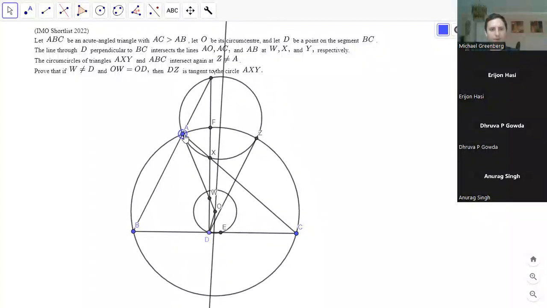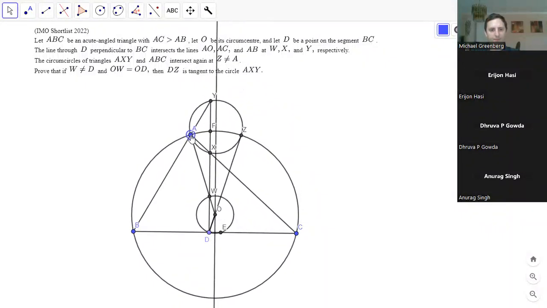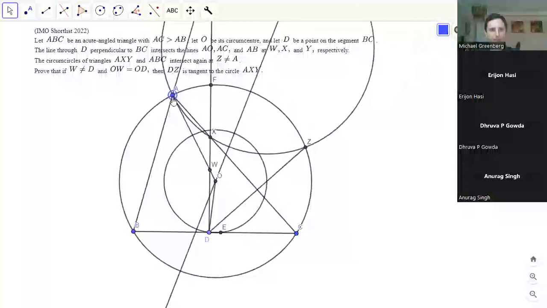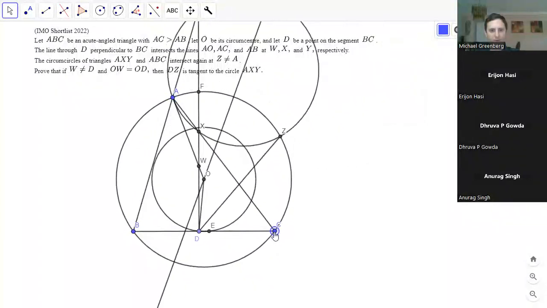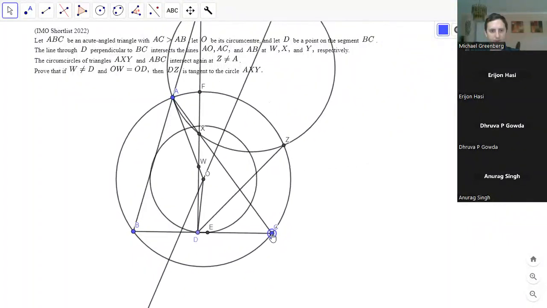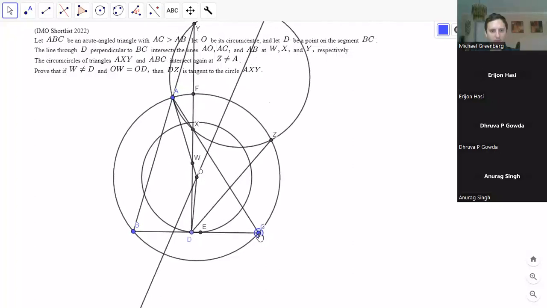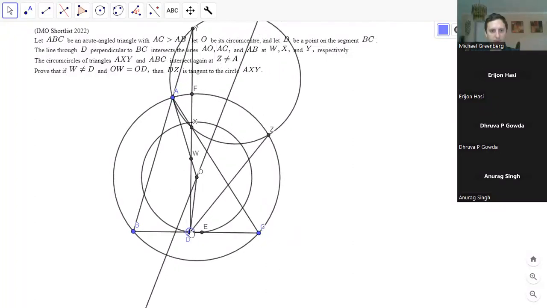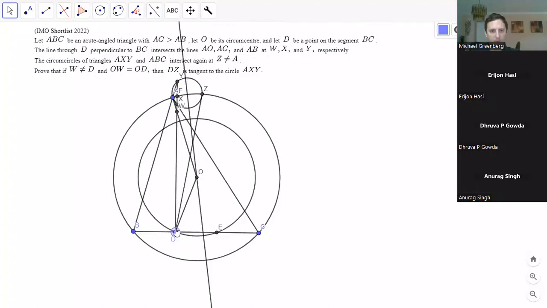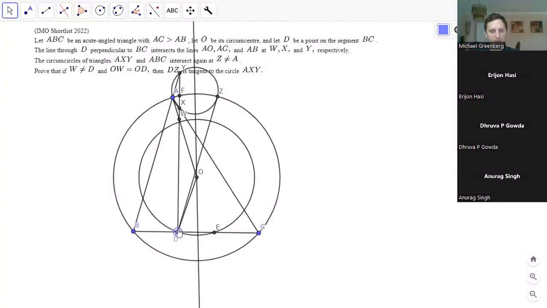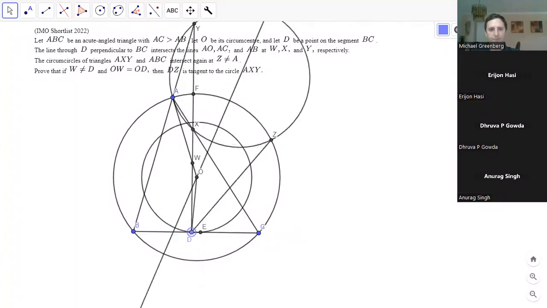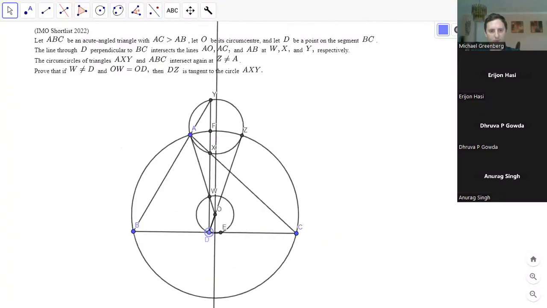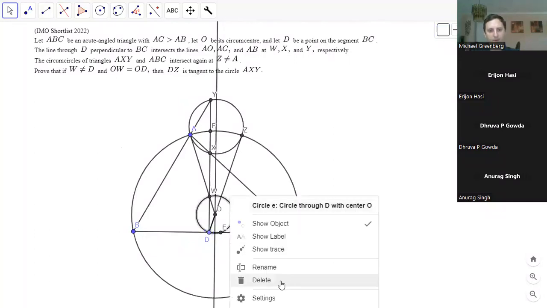This is a very weird problem. What if I make it like a really tall triangle, let's say? So something like this. Now I want to move D around. Then it would be more like that. So let's think about it a little differently.